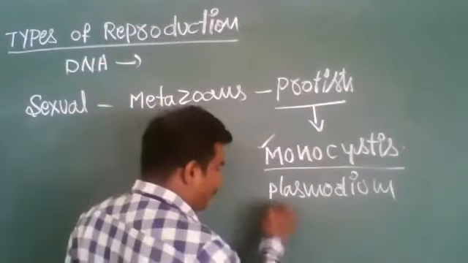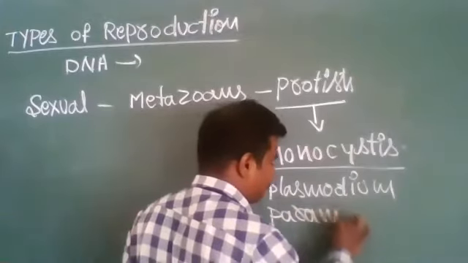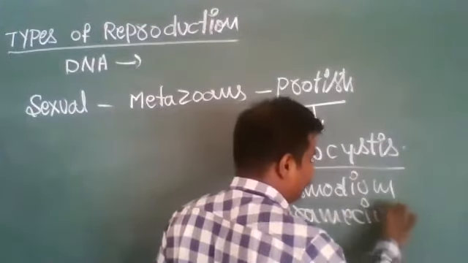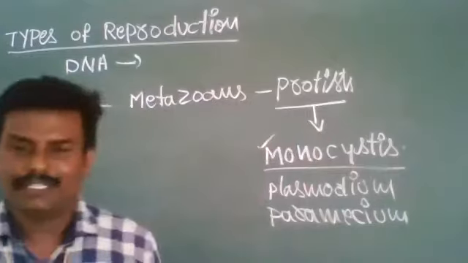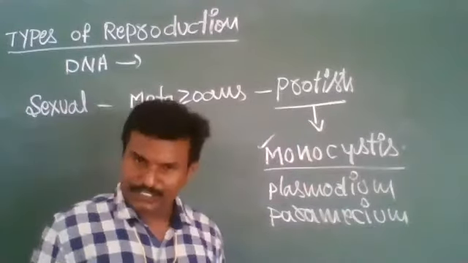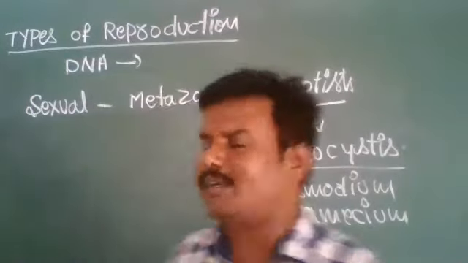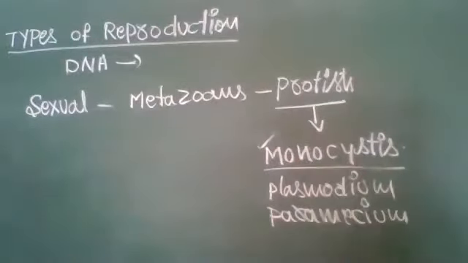Plasmodium and Paramecium also show sexual reproduction. Sexual reproduction occurs in all metazoans, including protists like Monocystis, Plasmodium, and Paramecium.